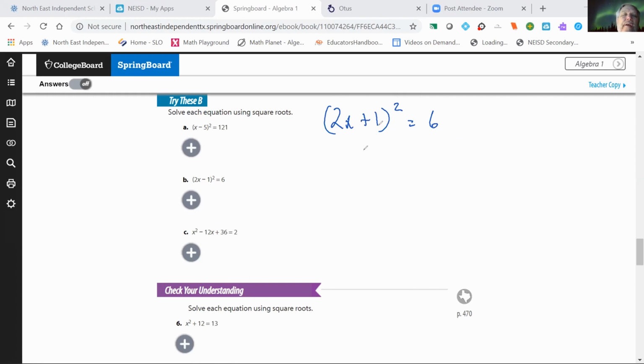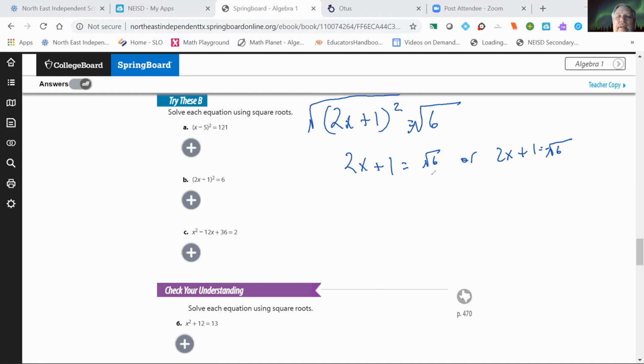And we have that. So we can go ahead and take the square root of both sides. So we have 2x plus 1, because the square root of anything squared is what was squared. And that's equal to the square root of 6, or 2x plus 1 is equal to the negative square root of 6.